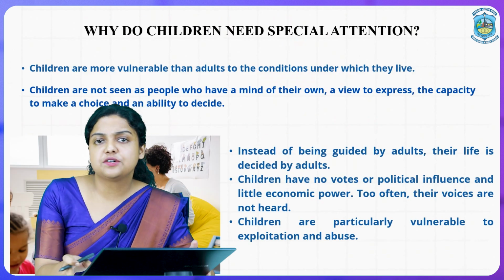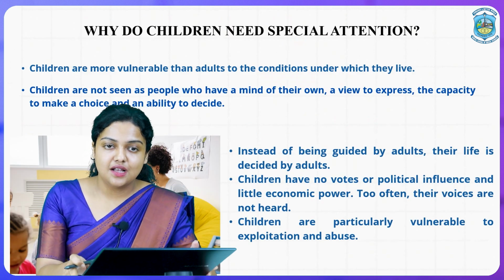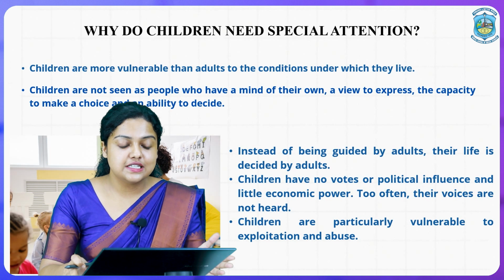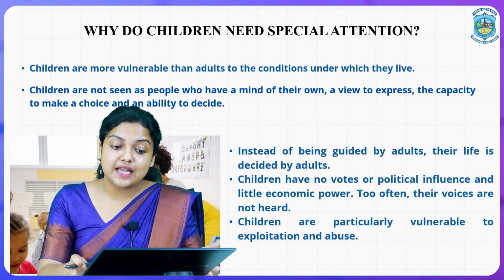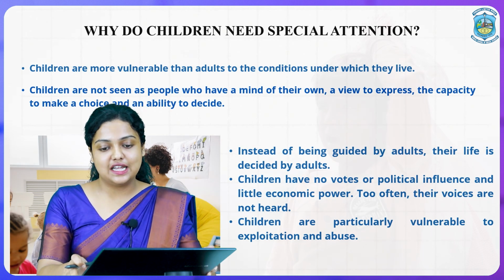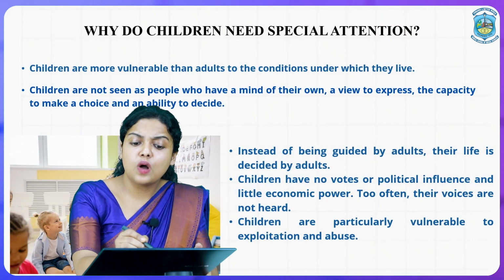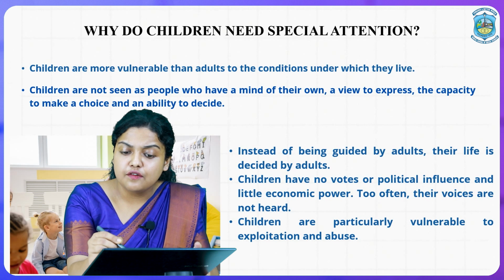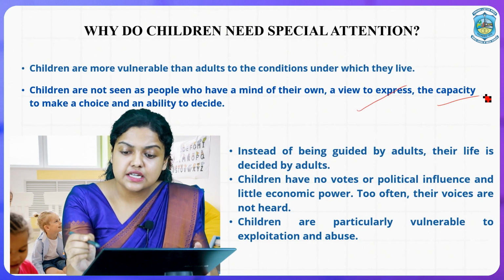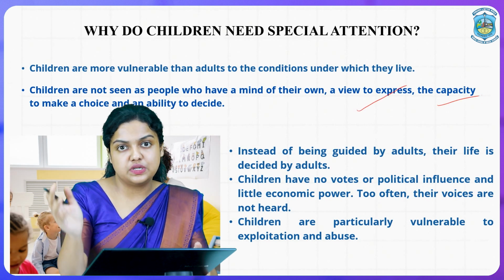Now, why do children need special attention? We will look at that. First, children are more vulnerable than adults to the conditions under which they live. As we all know, we have heard about child labor, and any kind of physical abuse and mental abuse which children are facing. So they are a vulnerable population of our society. Children are not seen as people who have a mind of their own, a view to express, the capacity to make a choice and an ability to decide.